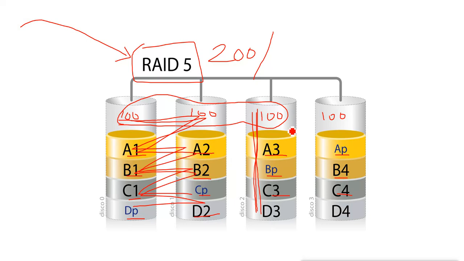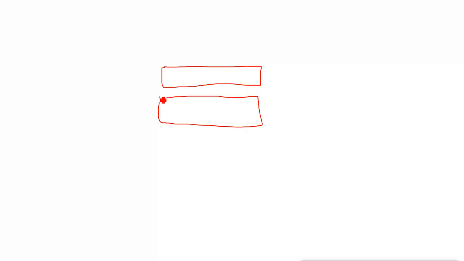Now let me give you an example in a simple way. For example, we have these 3 disks: one, two, and three.